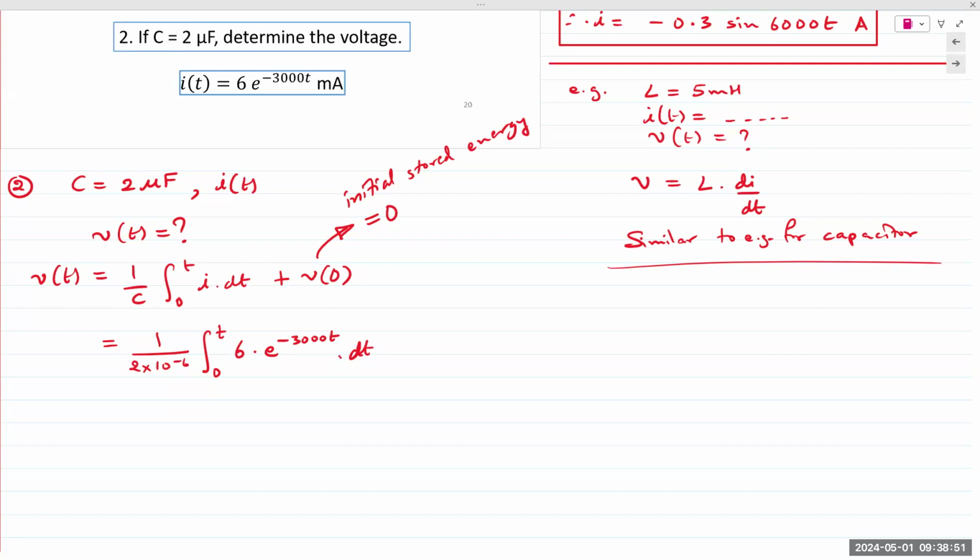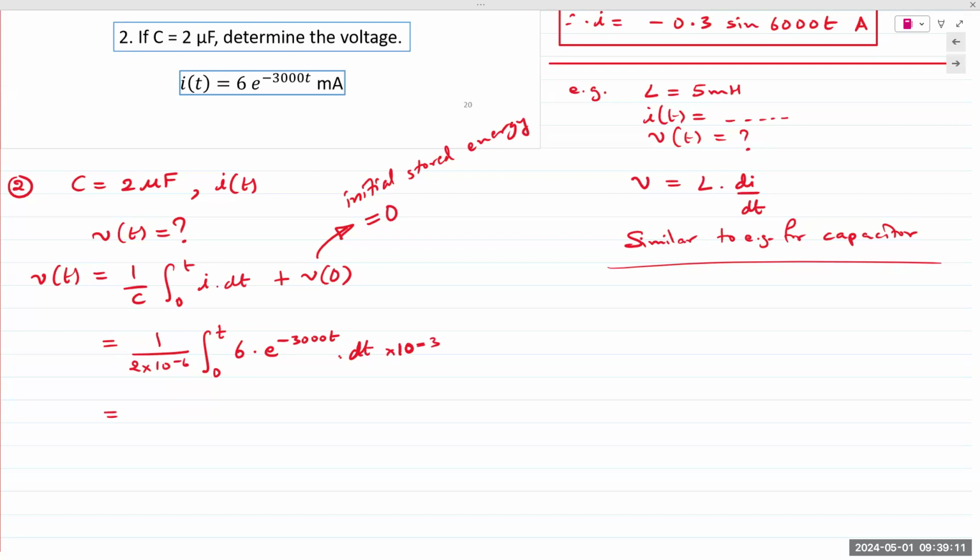So, what was I saying? dt, okay, 10 raised to minus 3 milliamps. And we solve this, we got 1 over 2 into 10 raised to minus 6.